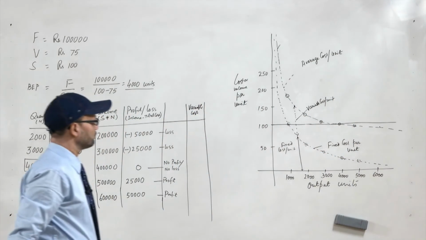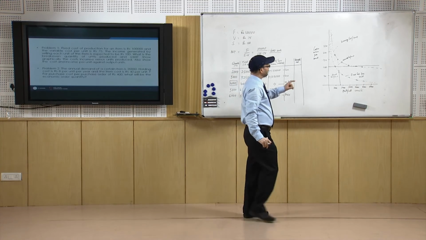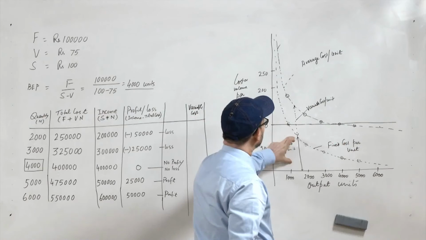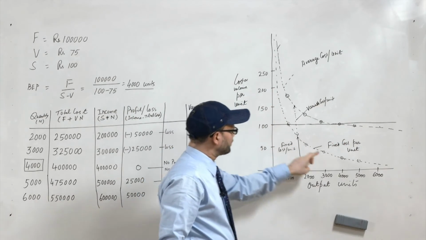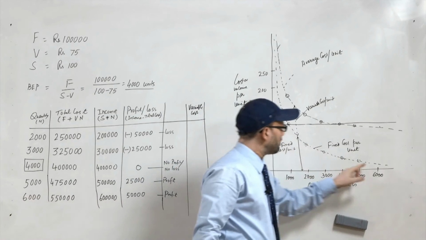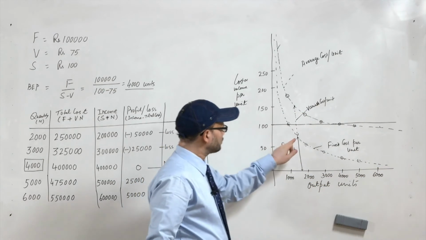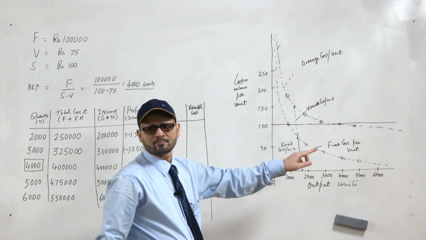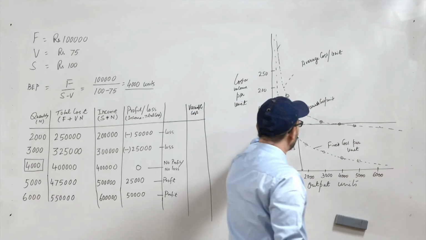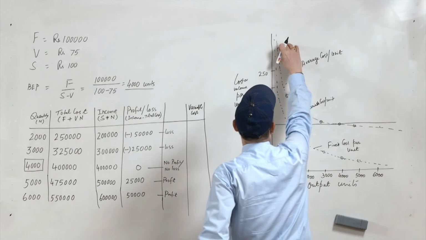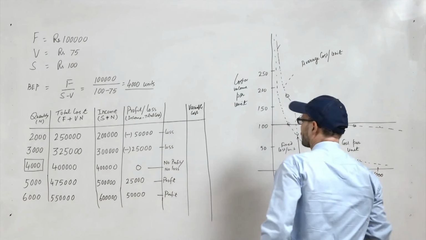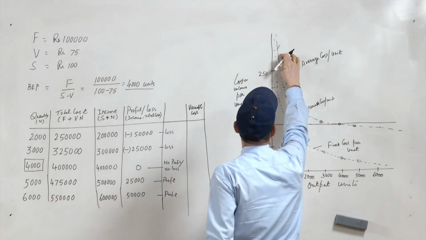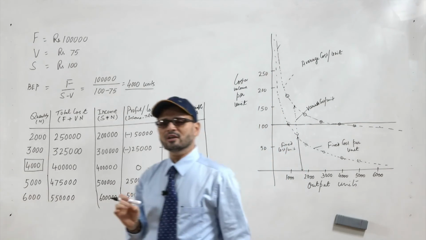So, that is how we see it. As you go on increasing the number of units, the fixed cost per unit is decreasing, the variable cost is remaining constant, and the average cost is also decreasing per unit as you increase the production.